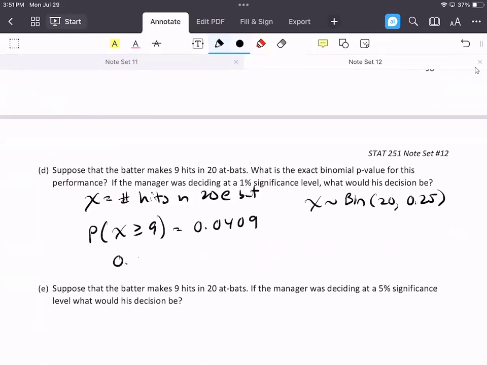Well, let's see. Nope, we failed to reject. So we don't reject the null. But in fact, we do know that he has improved. We know it for a fact that he has improved. So this is a type 2 error.